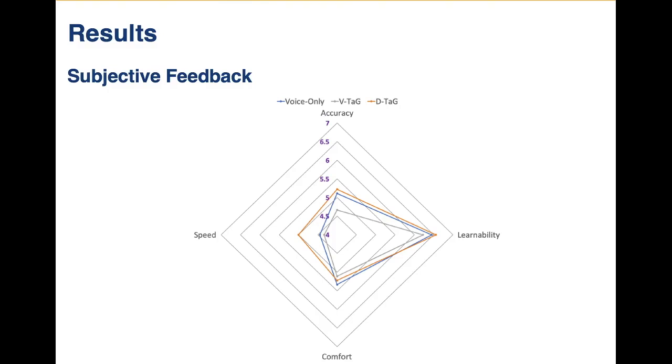However, if seen closely, the voice only approach was just behind D-tag in accuracy and learnability, and it actually was better in comfort than D-tag. This response is slightly different from the feedback that we received for our edit task.